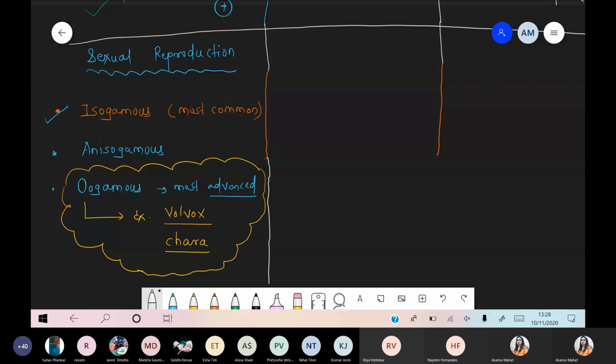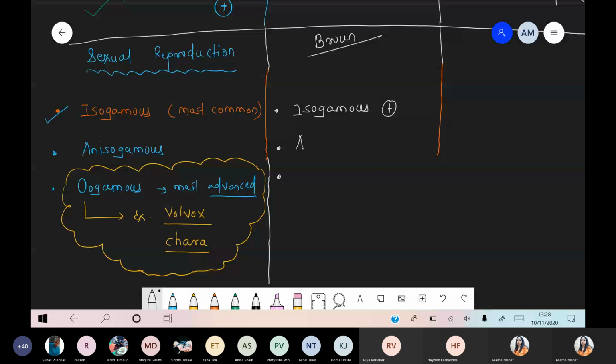Now, similarly, three types are present in brown algae. Under the brown algae, very simple isogamous is present. Again, there is a presence of anisogamous, and the most advanced method, oogamous, is also present.